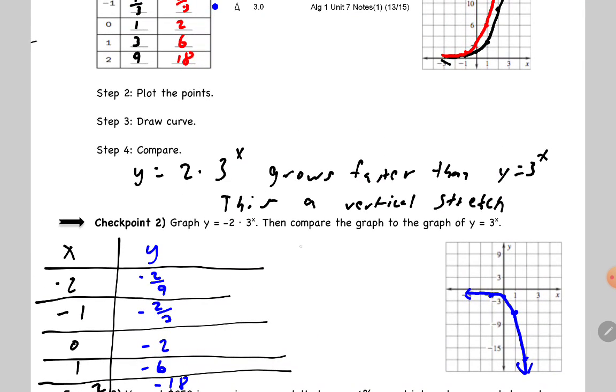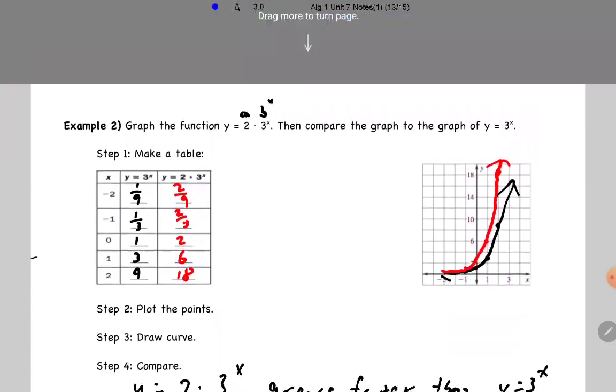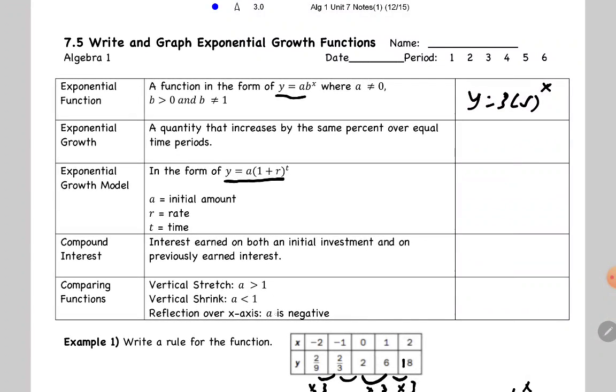What we're trying to say, going back up here, is if A is negative, then it's a reflection over the x-axis. It's a vertical stretch if A is positive, and it's a vertical shrink if A is less than 1 but greater than 0, otherwise known as a fraction, like 1/4, 1/5.